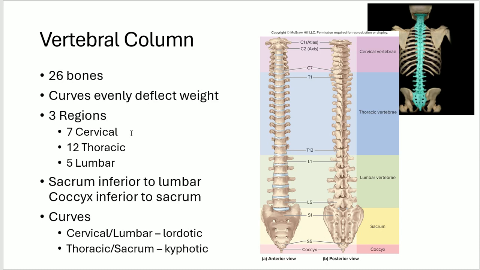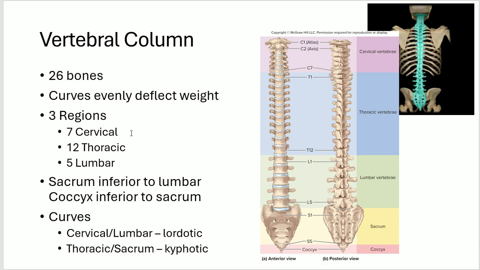All right, and then we have curves too. So we have a lordotic curve. So that's a forward arch. In pregnancy, women develop lordosis of the lower back where it curves forward. That's a good way to remember that.